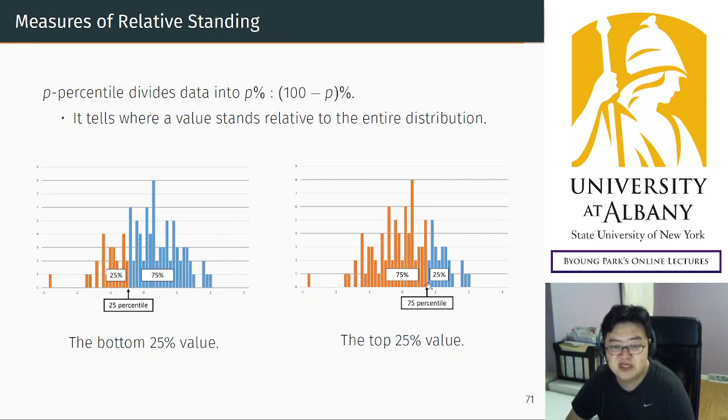Then this threshold cutting point is the 75th percentile, and you interpret this as the bottom 75% or top 25% value. In the same way, you can define any percentile, 1st percentile, 2nd percentile, up to 99th percentile, right? So it's pretty intuitive.